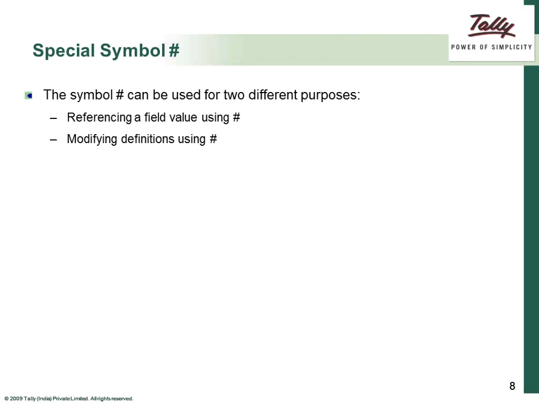Then the special symbol hash. One purpose we have already seen, that is modifying the definition name. We said hash gateway of Tally, and then we changed whatever we wanted. And the second utility is to refer to a field value.